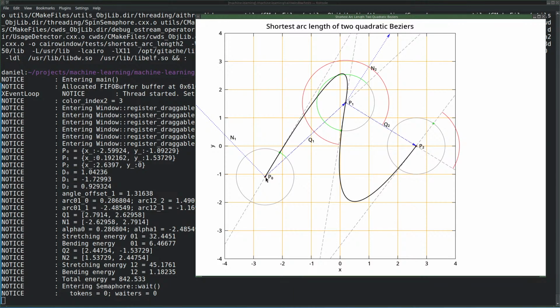So the direction of v0 makes an angle with q1. And then it exits according to this tangent, so dotted line here, which makes an angle with q1, which is this size.